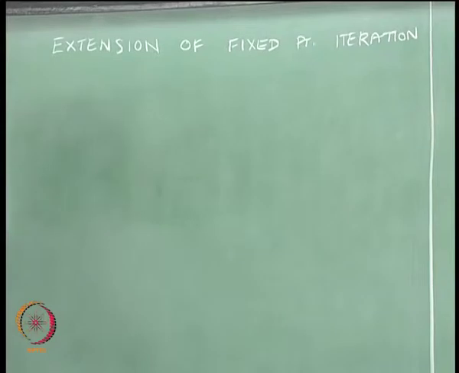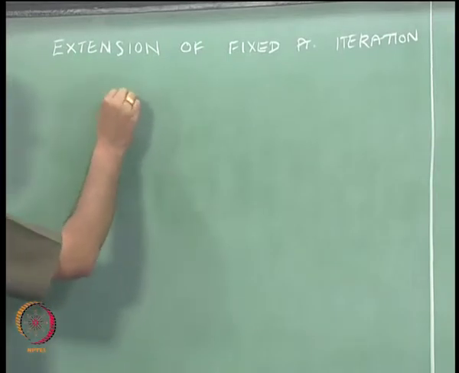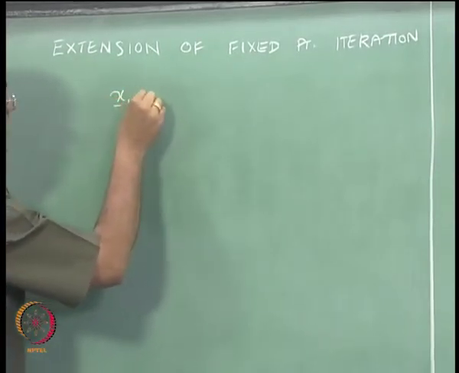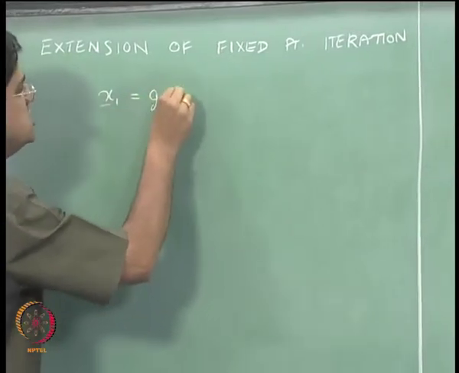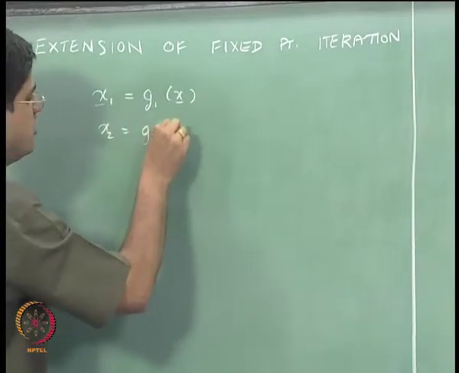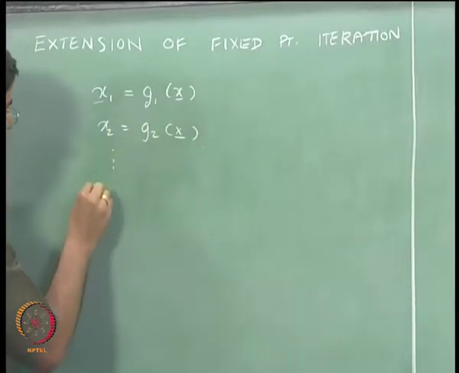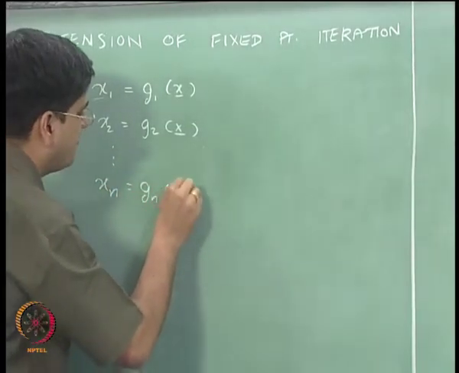Okay, and for the extension of fixed point iteration in this case, we are going to write the equations in the form x1 equal to g1 of x bar, x2 equal to g2 of x bar and so on up to xn equal to gn of x bar.